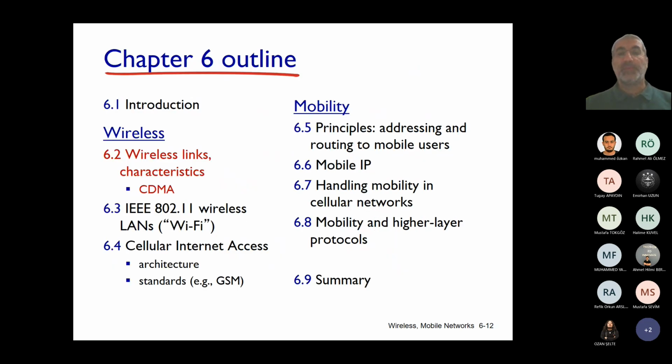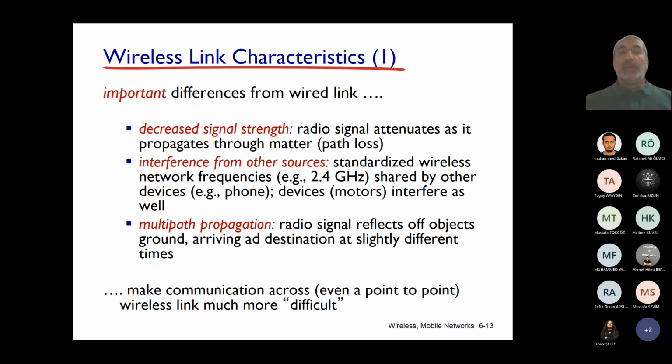Okay, these are the main principles of wireless networks. Let's look at some characteristics. There are some differences between wireless links and wired links. A wired link can be an Ethernet cable or a fiber optic cable and so on. In wireless links, we have decreased signal strength, because it is dependent on the distance.